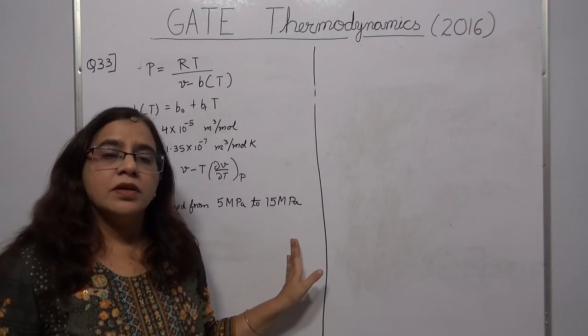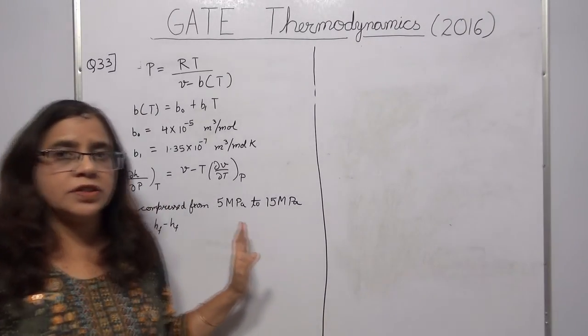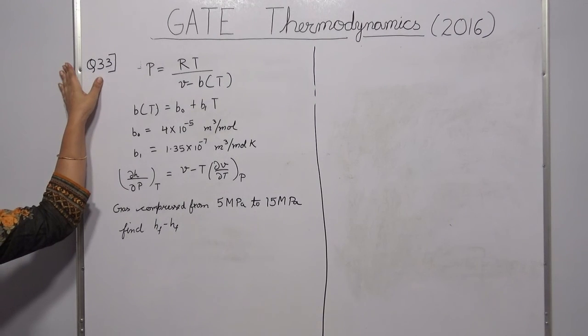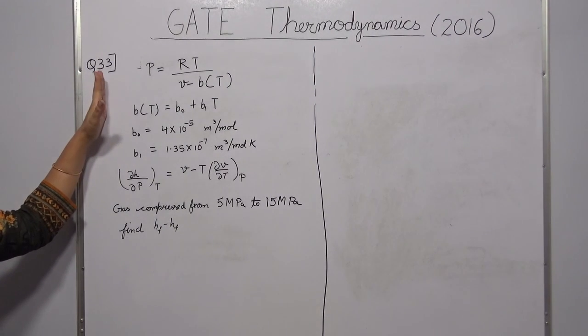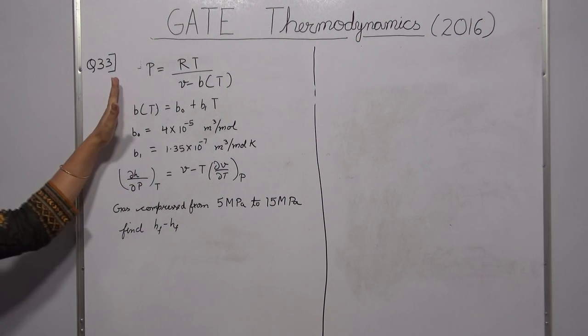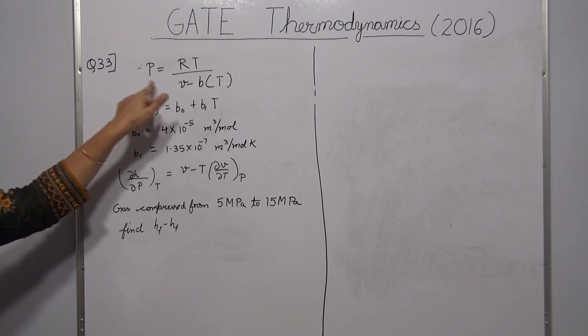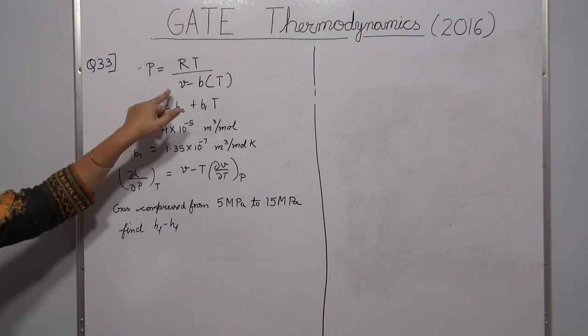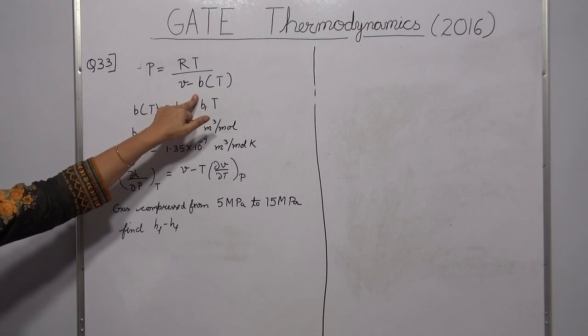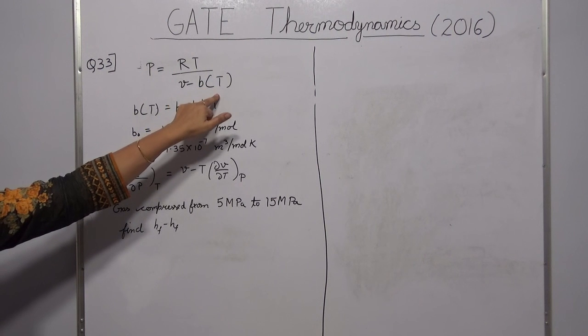Okay. So the second problem which I am going to take today is question number 33. I will briefly describe the problem. A gas obeys the Clausius equation of state, where V is the molar volume and B is a parameter which is a function of temperature only.